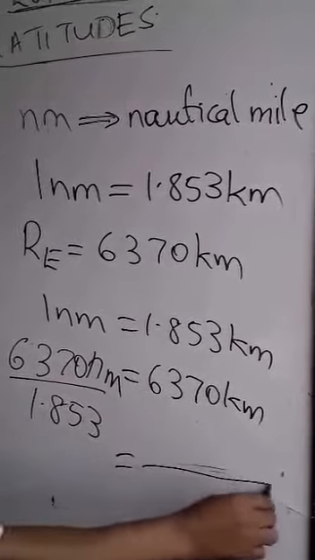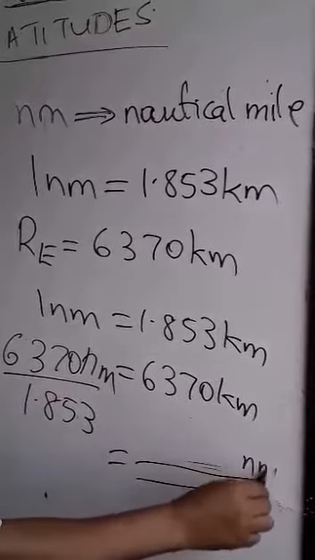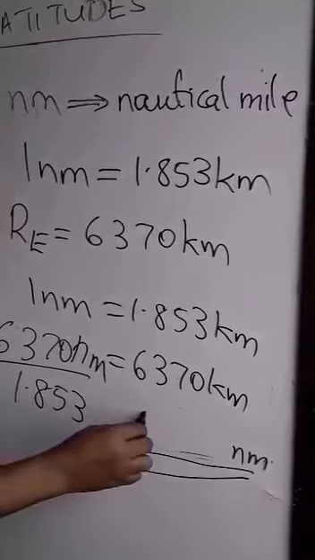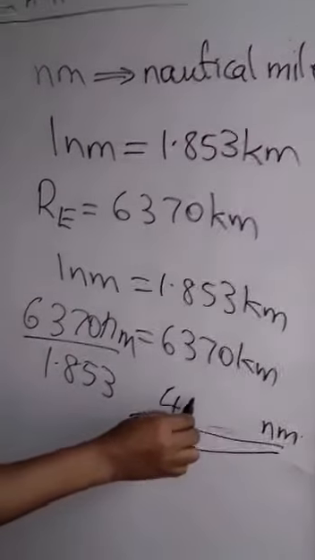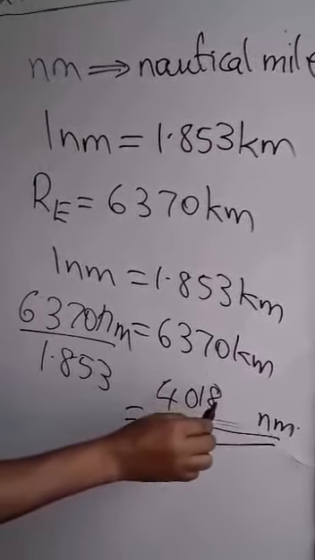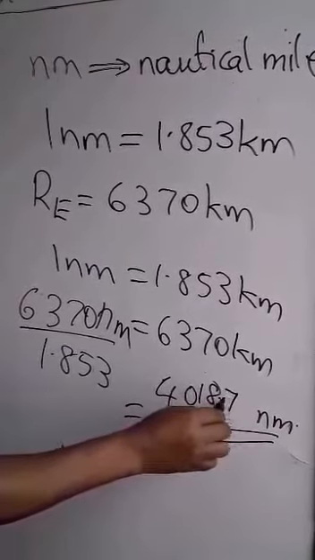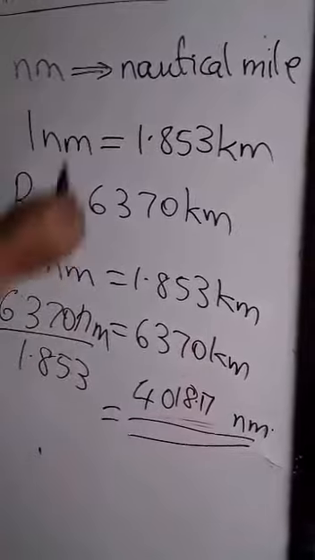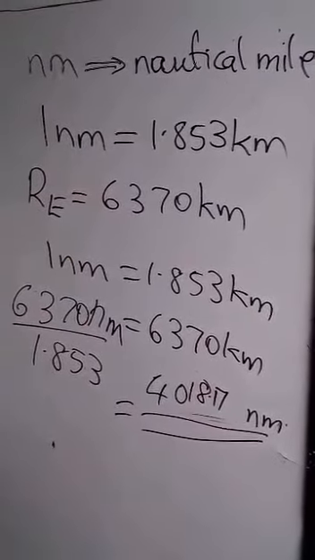So you can finish that and write the answer in nautical miles. I can see it is 4,018.17 to 2 decimal places. So that is the relationship between nautical miles and kilometers.